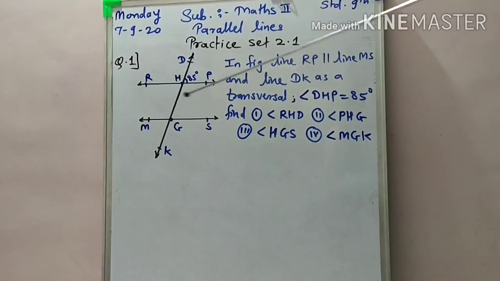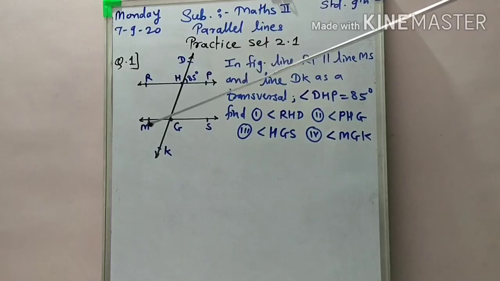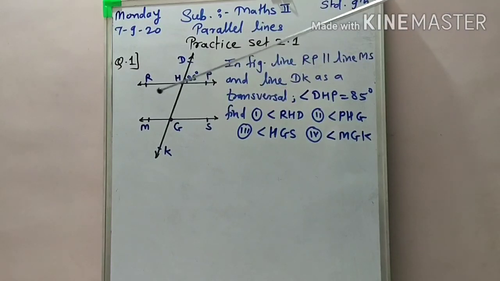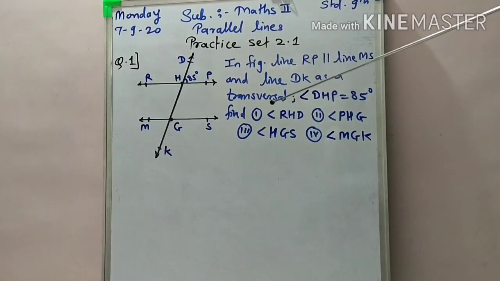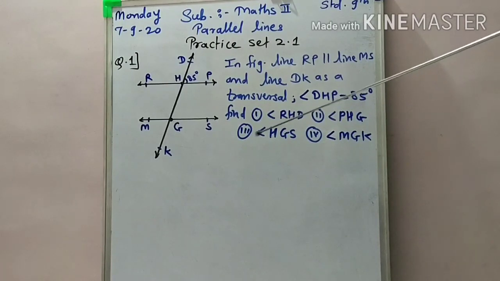As you observe, here are the two parallel lines, line RP and line MS, and here the transversal line DK. Angle DHP is given as 85 degrees, and according to that we have to find the measures of these four angles. One by one, let us see how to find these measures of angles.